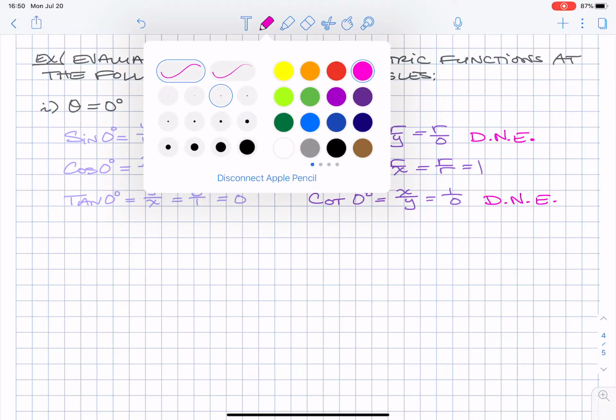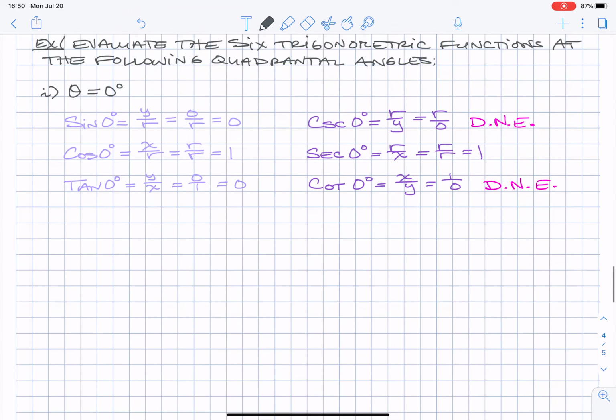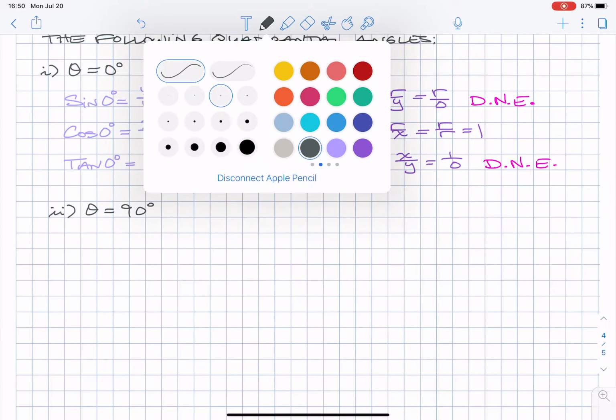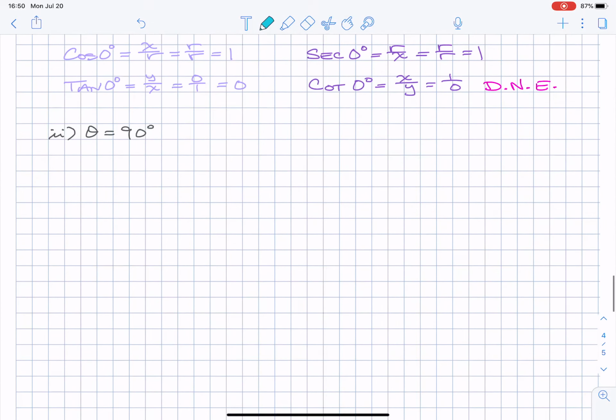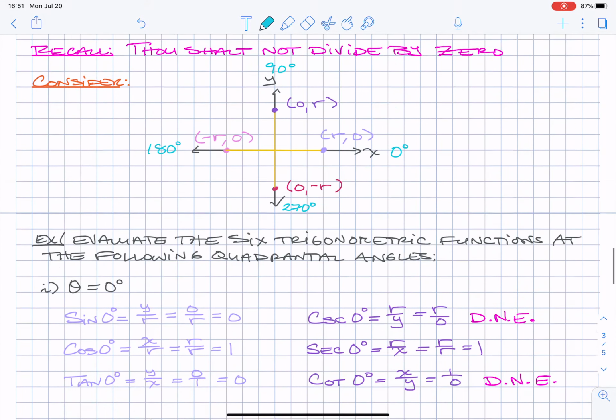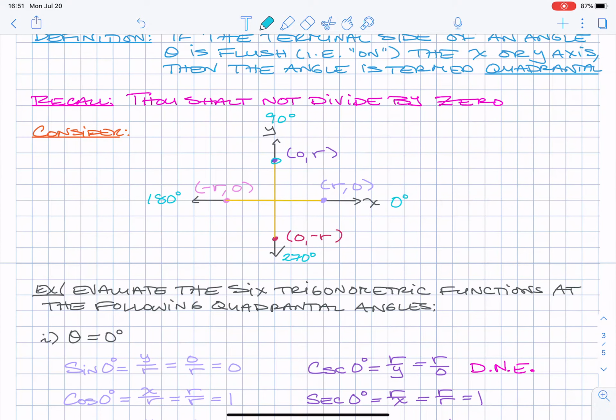Okay, let's do the next quadrantal angle, which is 90 degrees. So number 2, let's have theta be 90 degrees. Okay, so sine of 90 degrees will be, well, sine is y over r. So if I look up at the 90 degree guy right here, we have x is 0, y is r.